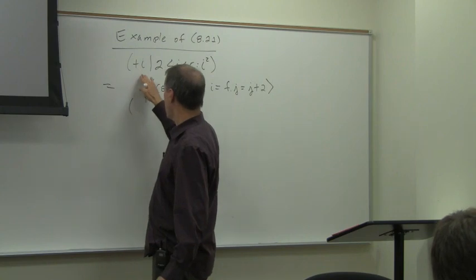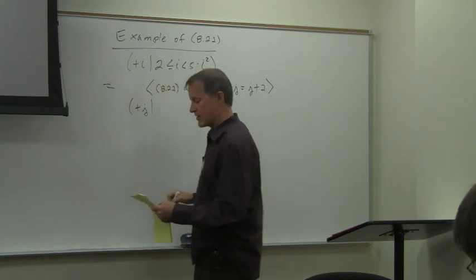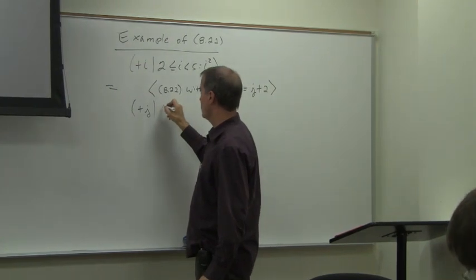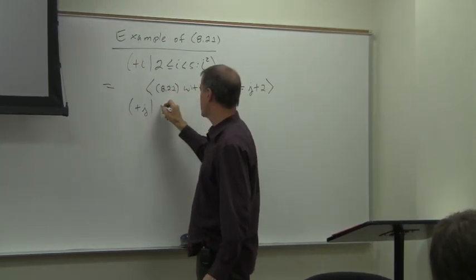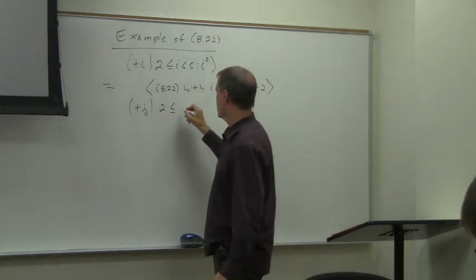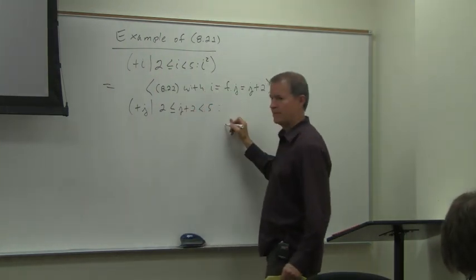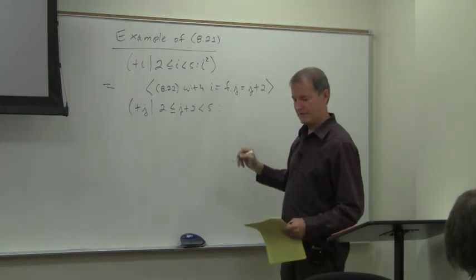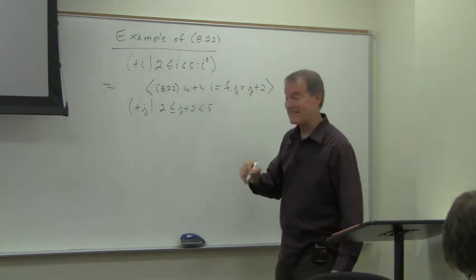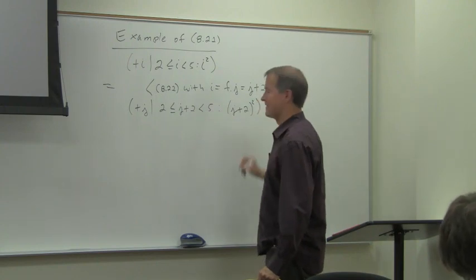Instead of doing sum over I, we do sum over J. And instead of 2 less than or equal to I less than 5, we have 2 less than or equal to J plus 2 less than 5. And the body? J squared? No. J plus 2 squared. Yes. Is everybody clear on this?